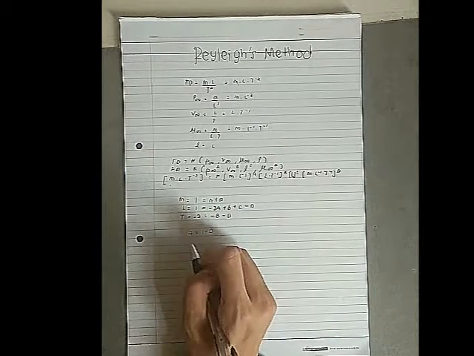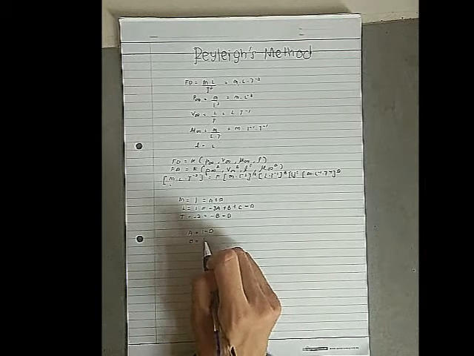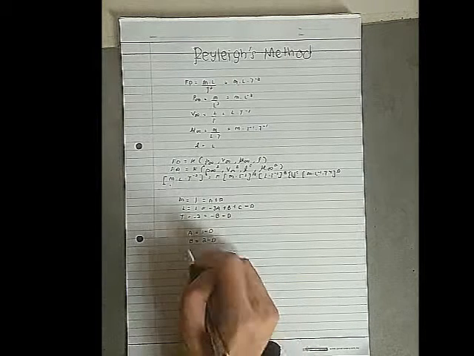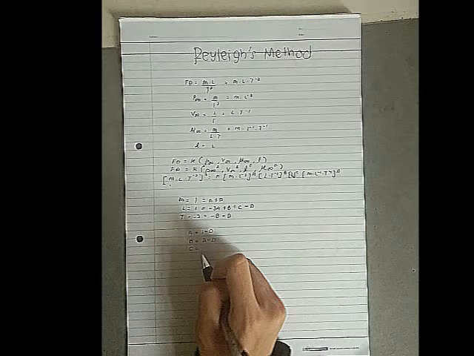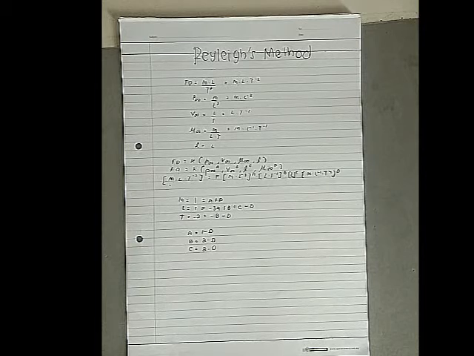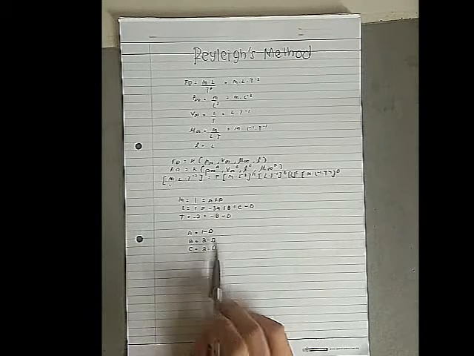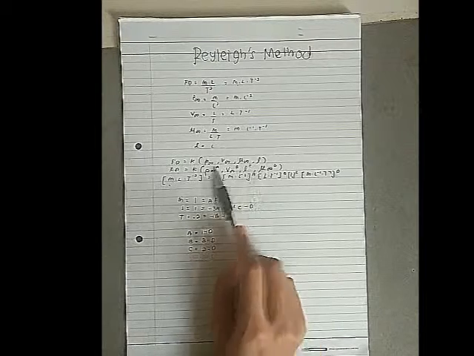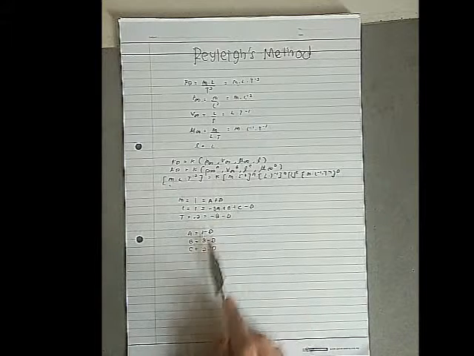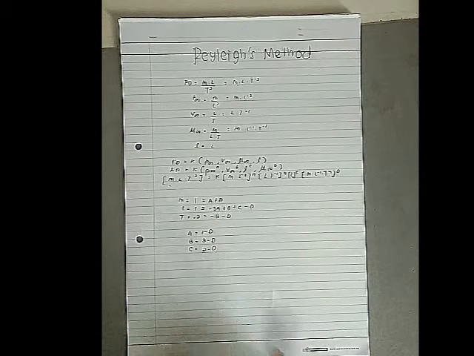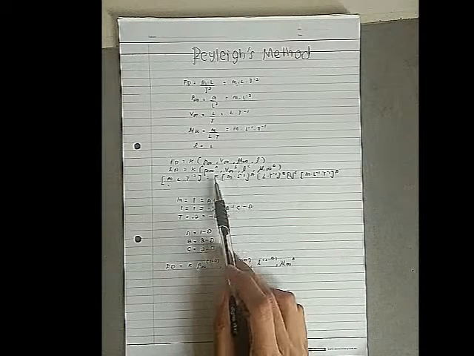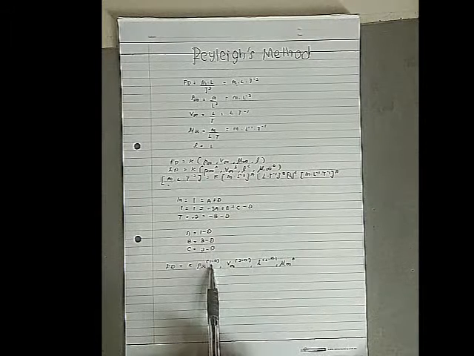For equation 2, B equals 2 minus D. Then we substitute, and the answer will be C equals 2 minus D. After that, we substitute A, B, and C into the original equation, changing them into 1 minus D, 2 minus D, and 2 minus D.